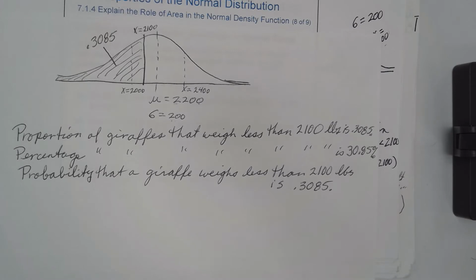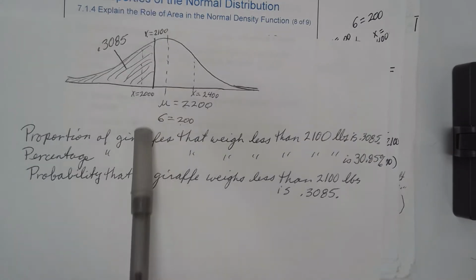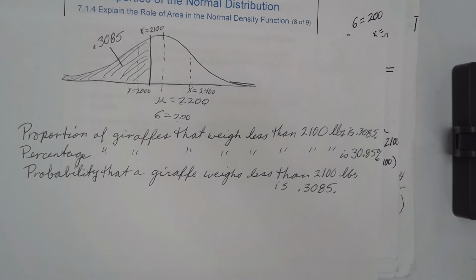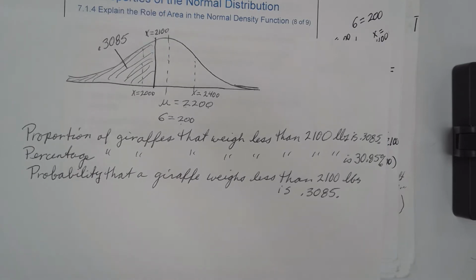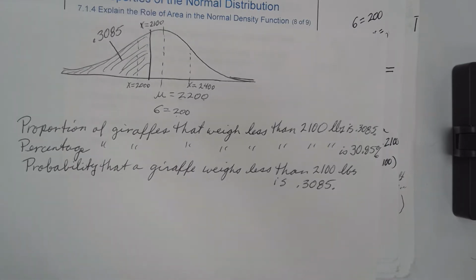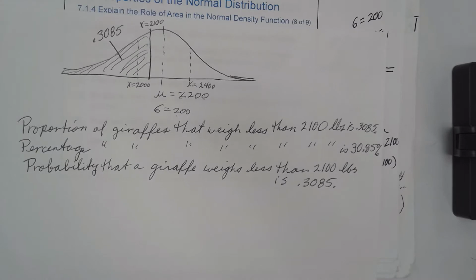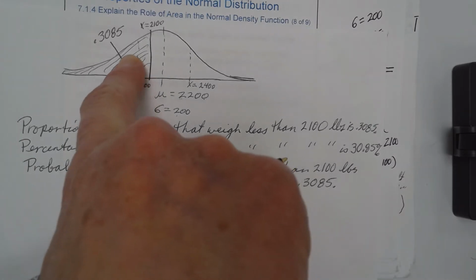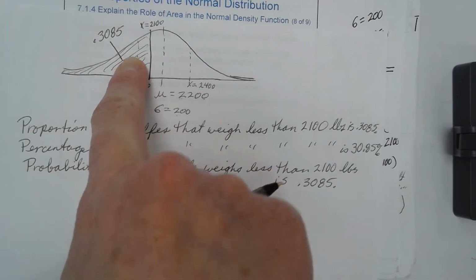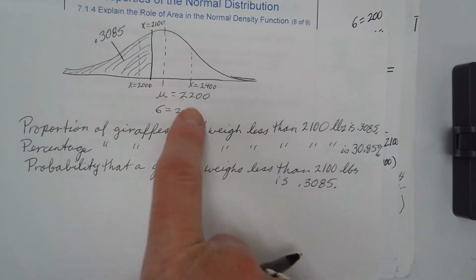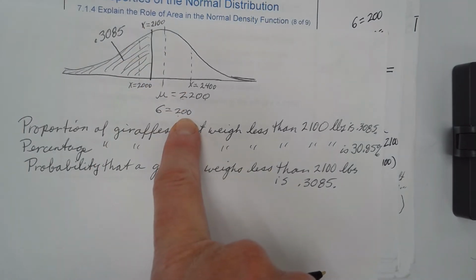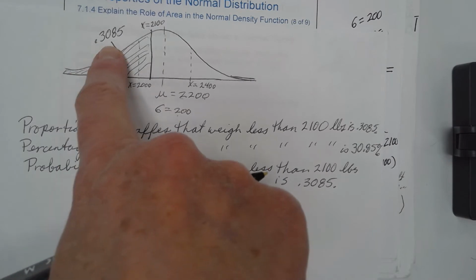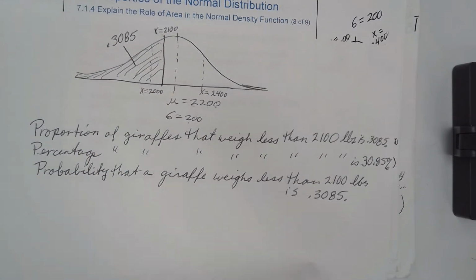Okay? So in this chapter, that's what it's going to be all about: finding shaded areas, okay, and finding the cut points, okay. So in section 7.1, we're going to talk about finding the area, okay. So if I give you that cut point and the mean and the standard deviation, then you can find that area, okay.